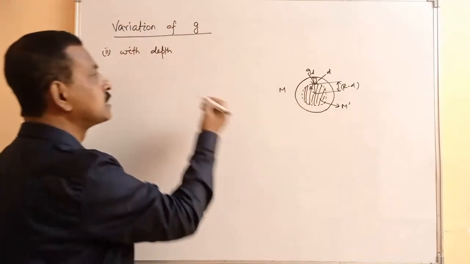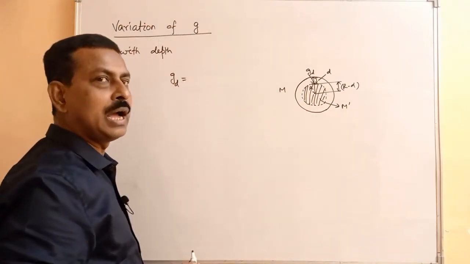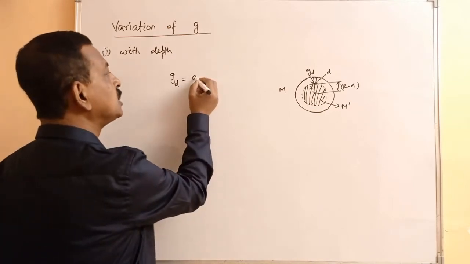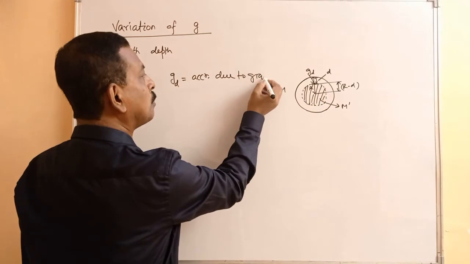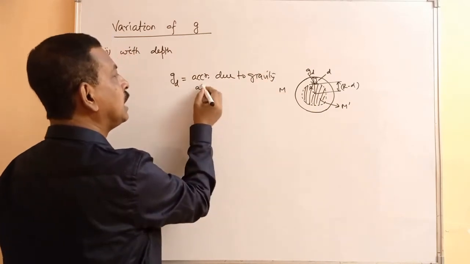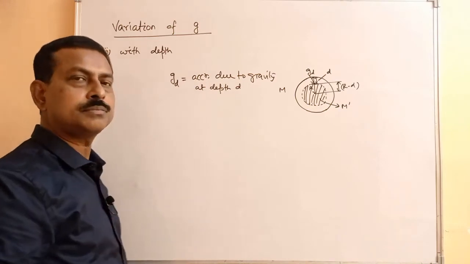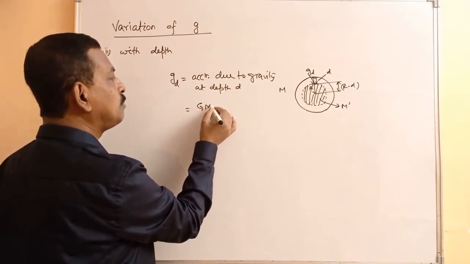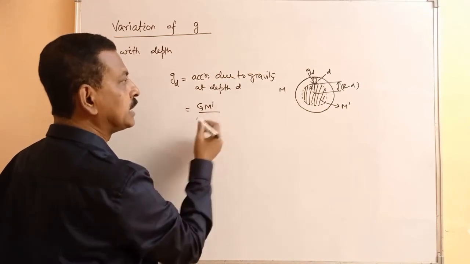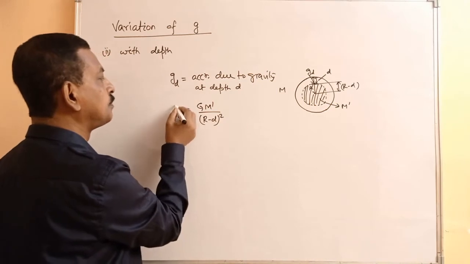So in this case, suppose gd is the acceleration due to gravity at depth d. Now this is given as GM dash by the radius, that is (r minus d) whole square.